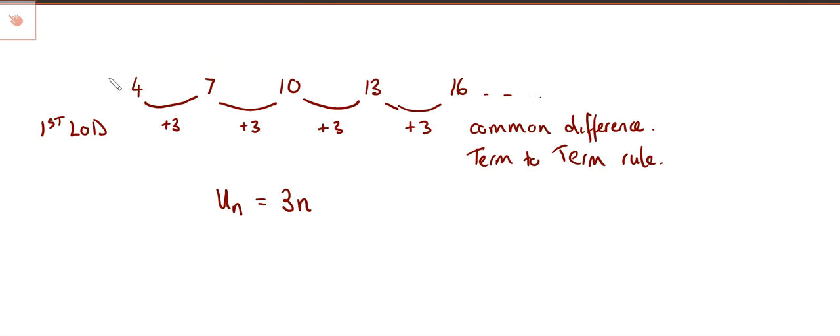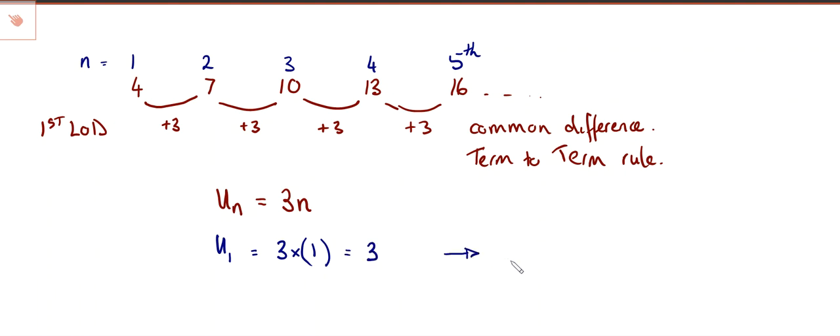So if I remind you, n is the position in the sequence. So 1, 2, 3, 4, 5. So there are 5 terms. So 16 is the 5th term in the sequence. So n is the position in the sequence. So if I want to know U1, we do 3 times 1 and we get the answer 3.